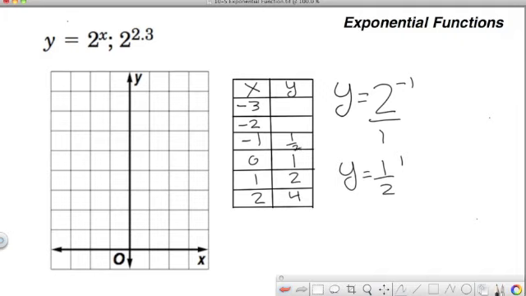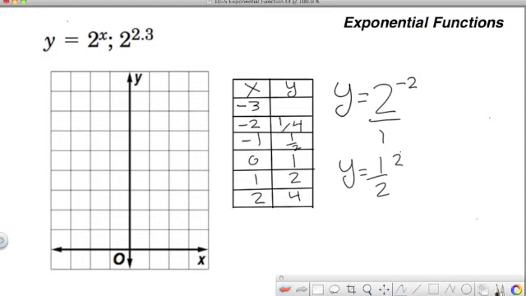Now we do the same thing with 2. For this one, we change the exponent to -2. Same thing, we have to flip it. So it's y equals 1/2 to the second power because we turned it positive. So it's 1/2 times 1/2, which is 1/4.